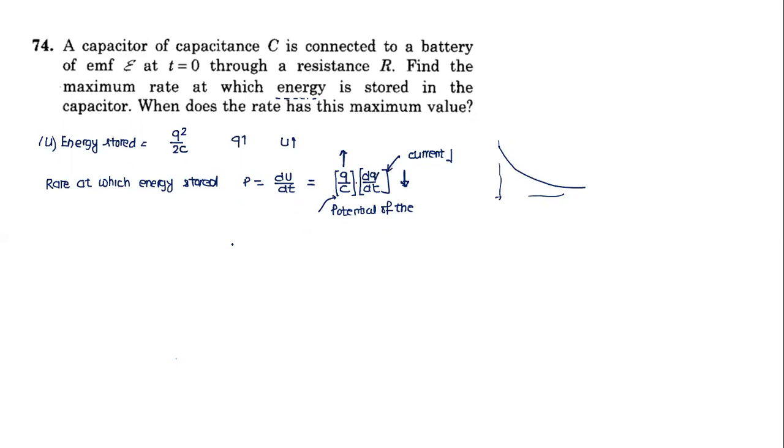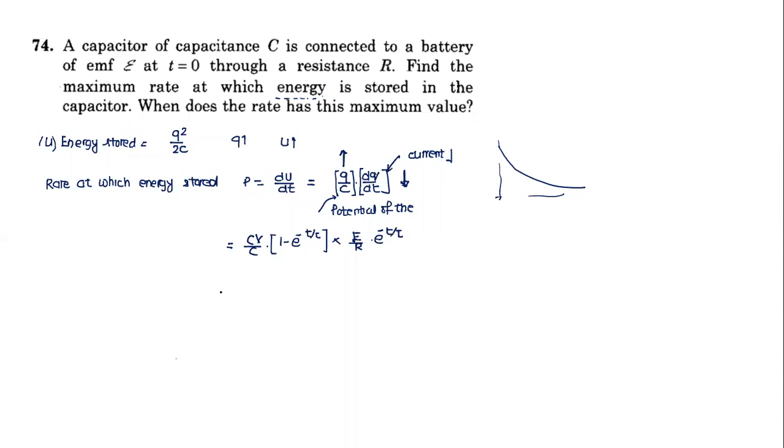Okay, so can we write this value? What is Q by C equal to at a particular time t? What is the charge at time t? It is CE by C into 1 minus e raised to power minus t by tau. And what is the current equal to? The current is equal to the EMF E by R, e raised to power minus t by tau.